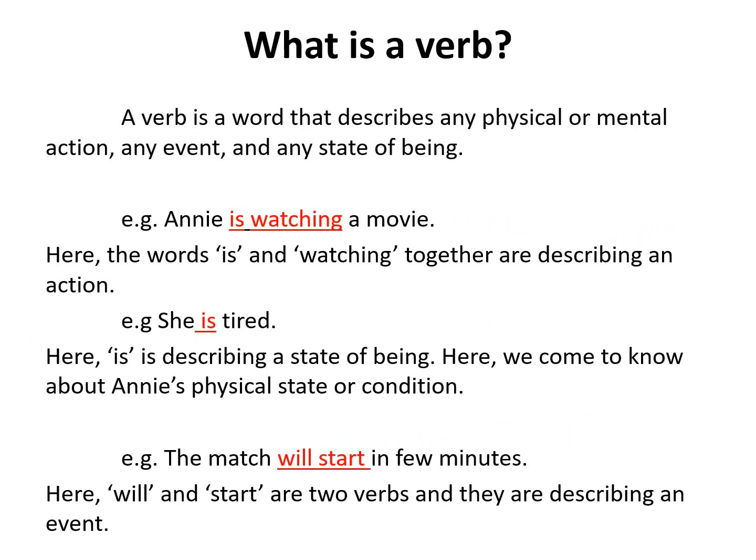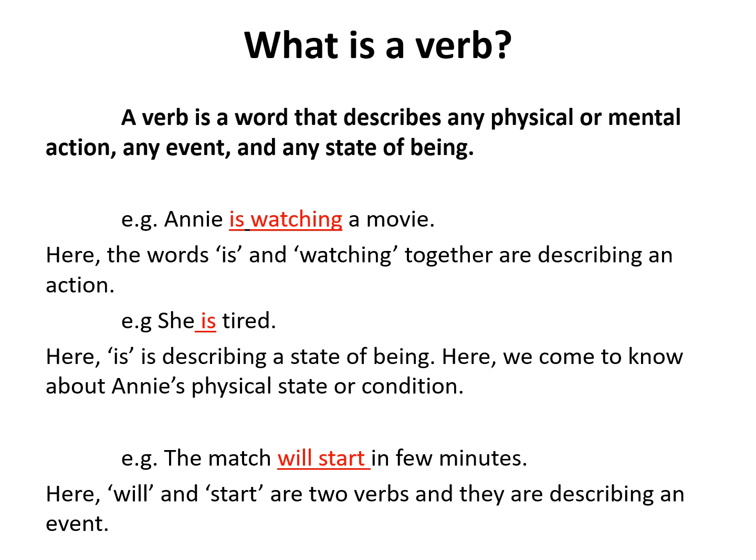So first of all, let us know what a verb is. A verb is a word that describes any physical or mental action, any event, and any state of being.